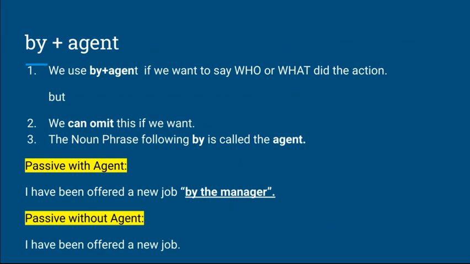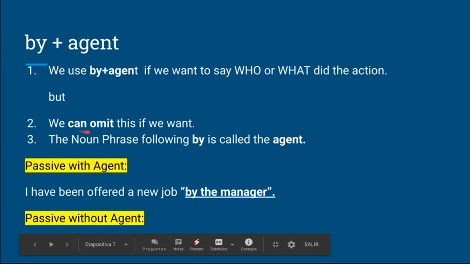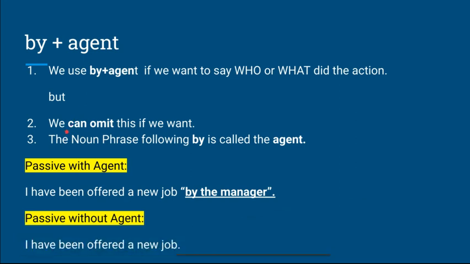By plus agent. We use by plus agent if we want to say who or what did the action. But, important, we can omit this if we want, as we have seen before. The noun phrase followed by is called the agent.